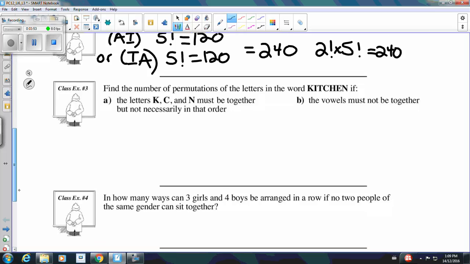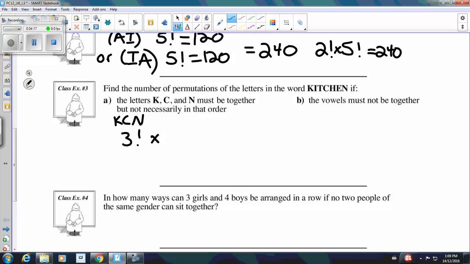Find the number of permutations of the letters in the word kitchen if the letters K, C, and N must be together, but not necessarily in that order. So K, C, and N, I need to arrange as a group, but it's not telling me the order. So that means to arrange K, C, and N, I have 3 factorial ways.